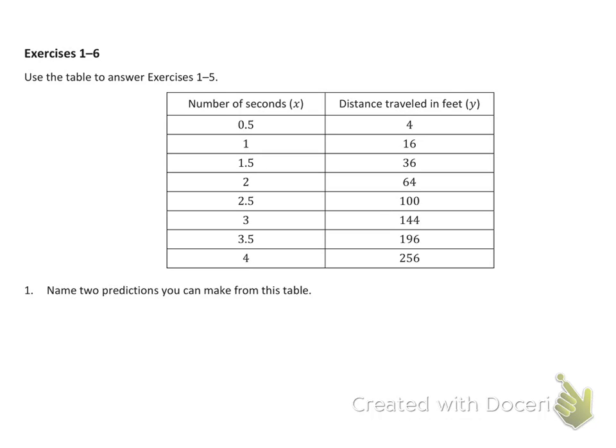Okay, so as far as predictions that you could make from this table, there are several. For any half-second interval, we can know how far this stone traveled. So I could say in 3.5 seconds, the stone will travel 196 feet. We're just supposed to make 2 predictions like that.